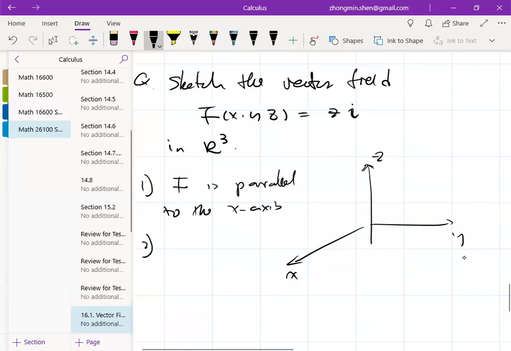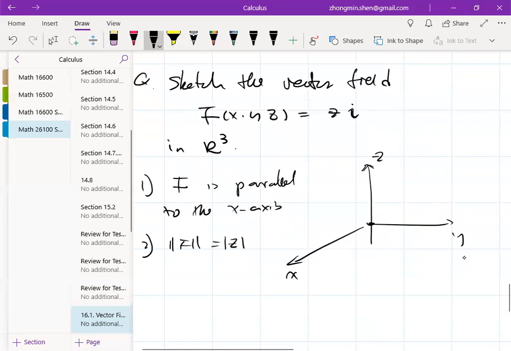Second, the length depends on how high the point is. The length is going to be the absolute value of z. So if z is 0 at the origin, then there's nothing there. Let's just draw the vector field in the xz plane.